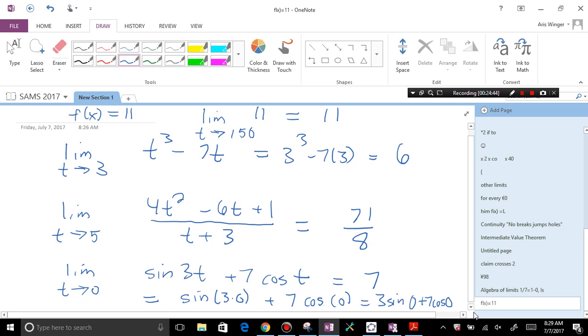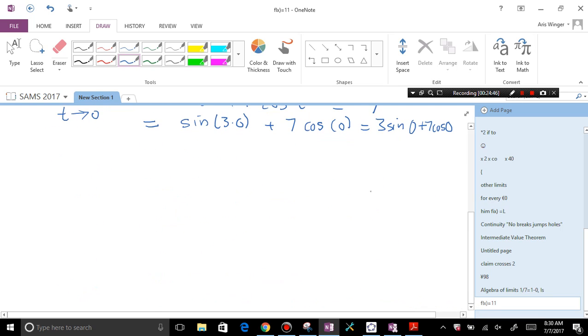What's the sine of 0? 0. Why is that? Why is the sine of 0, 0? It's the x-axis. There's no degree of rotation. Right, so you're invoking the idea.